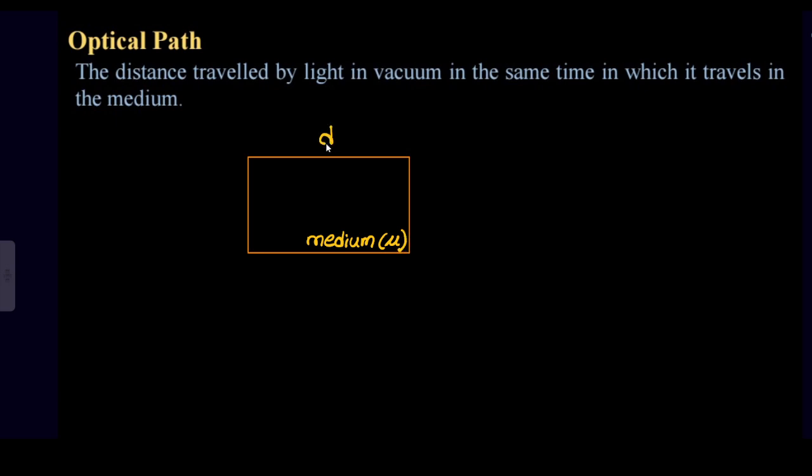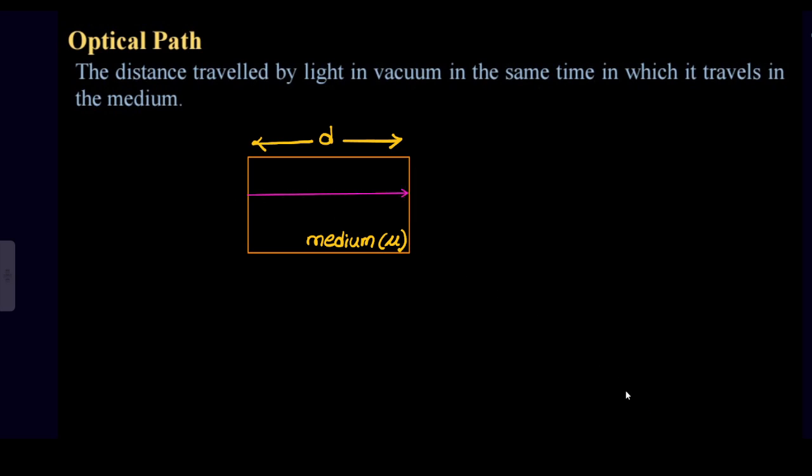Let us say the distance of this medium, this part, is equal to d. Now let us say this light ray is traveling from here to here.